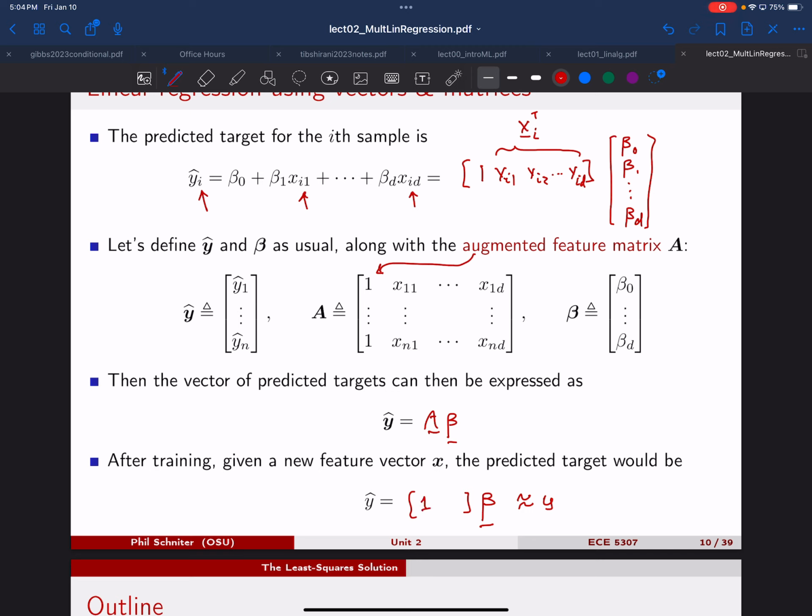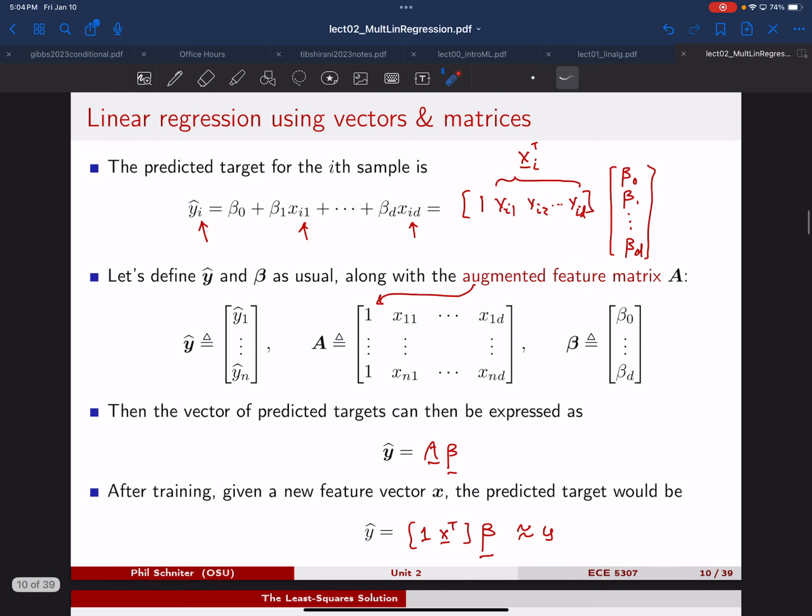Okay, this is just a scalar 1, and then you're right, now there's a vector x transpose. So this scalar 1 is going to multiply the beta naught, which is the first term here, and then this x transpose will do the inner product with the rest of the beta terms, and those are both scalars. They'll sum together to give you this scalar y hat. Okay, great.